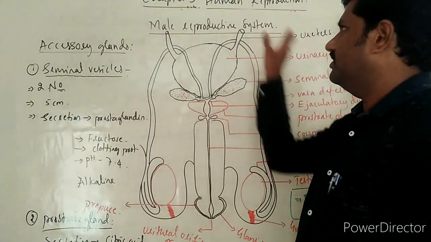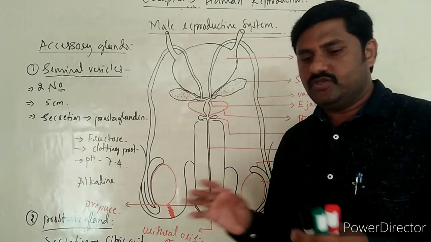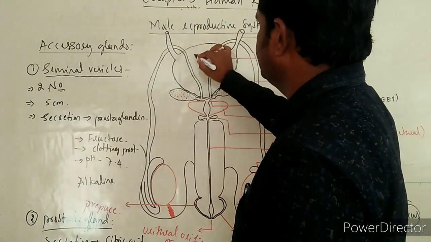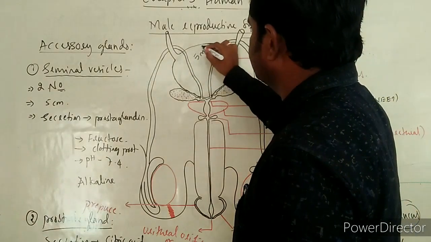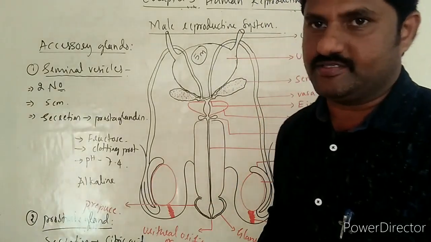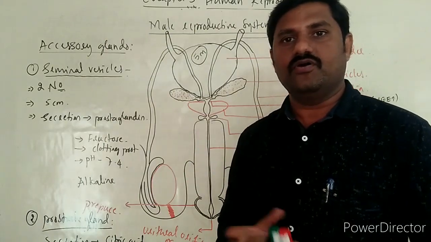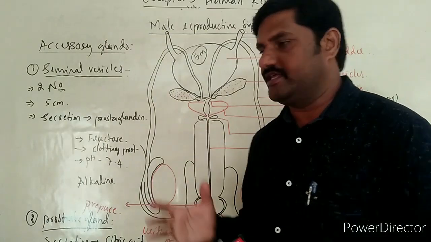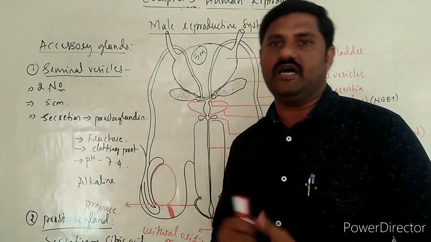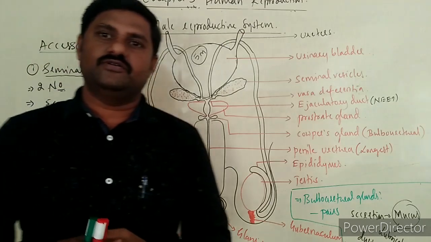So this is all about the male reproductive system. Usually in the examination, the male reproductive system is asked for 5 marks. Most of the time the female reproductive system is asked, but sometimes there is a possibility of this male reproductive system also being asked.